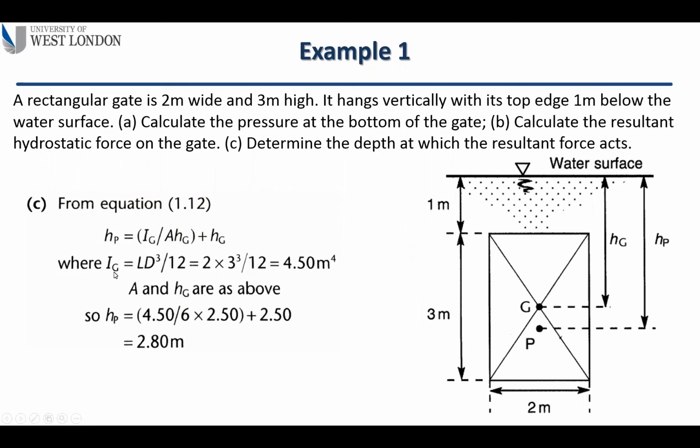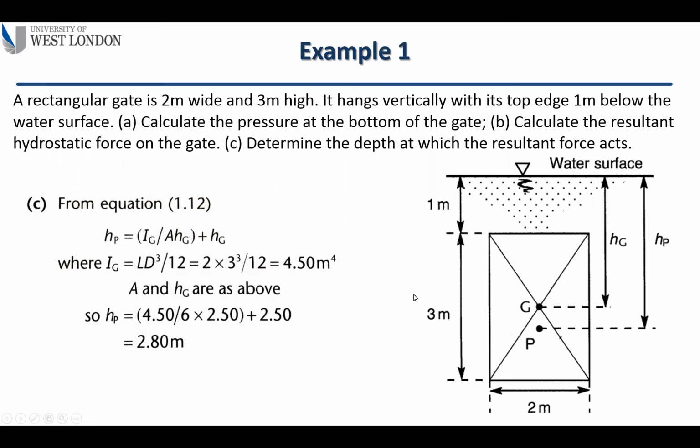I_G is the second moment of the area. We saw this one before: if the gate is turning around its depth vertically, the second moment of the area is calculated as L times D cubed over 12.